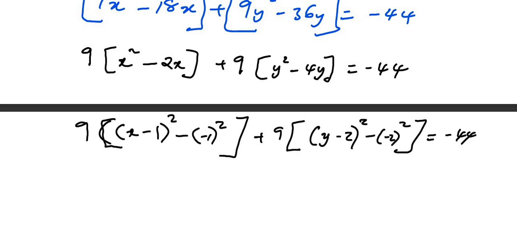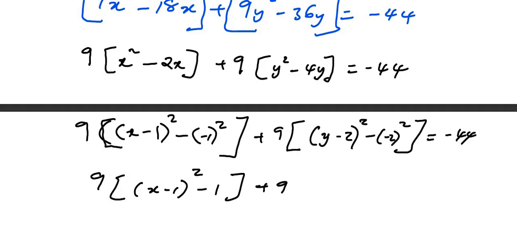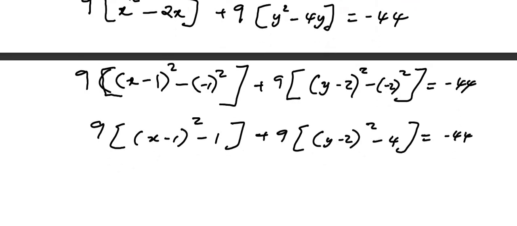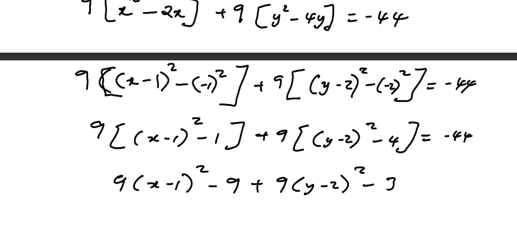It's okay, all right. Then from here, I can have my 9 times x minus 1 squared minus 1, plus my 9 times y minus 2 squared minus 4, equals negative 44. Then I'm just multiplying 9 by everything: 9 times x minus 1 squared, minus 9, then 9 times y minus 2 squared, minus 36, is equal to negative 44.